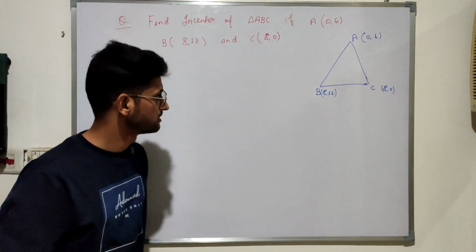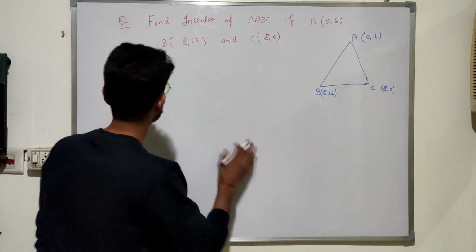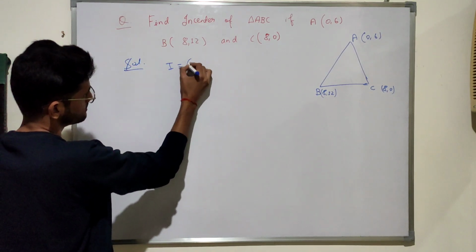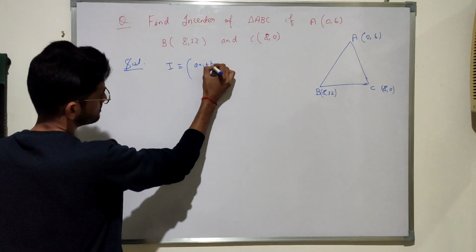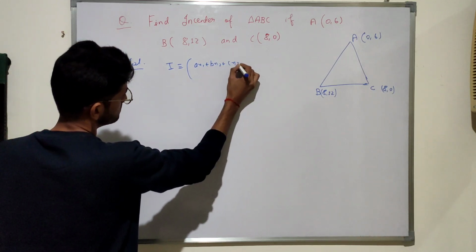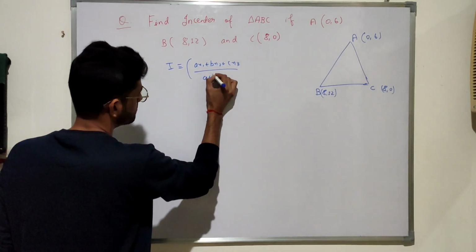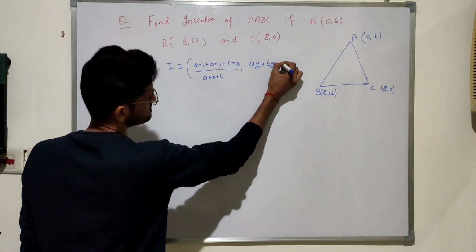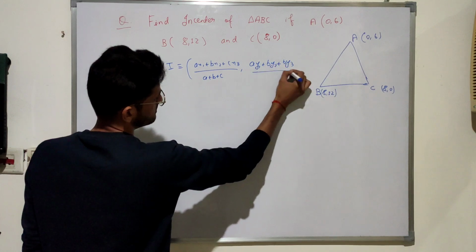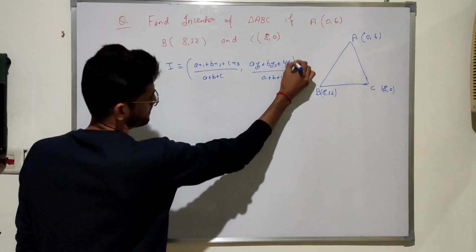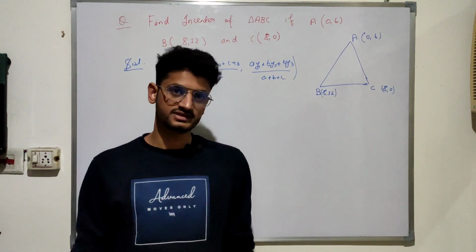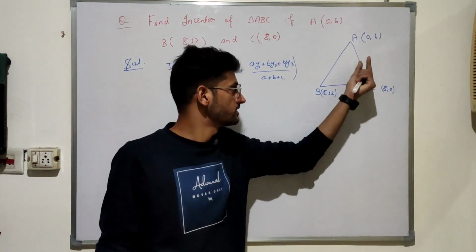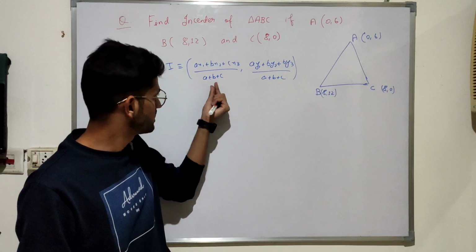So what we can write: the incenter is (ax1 plus bx2 plus cx3) divided by (a plus b plus c) comma (ay1 plus by2 plus cy3) divided by (a plus b plus c). So we should know a, b, c. Since x1, x2, x3, y1, y2, y3 we already know, but we should also know a, b and c.